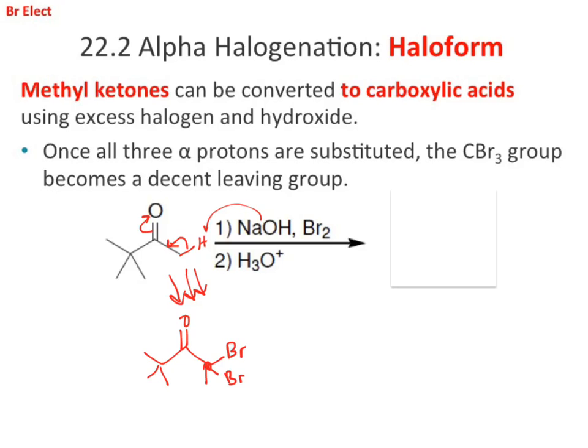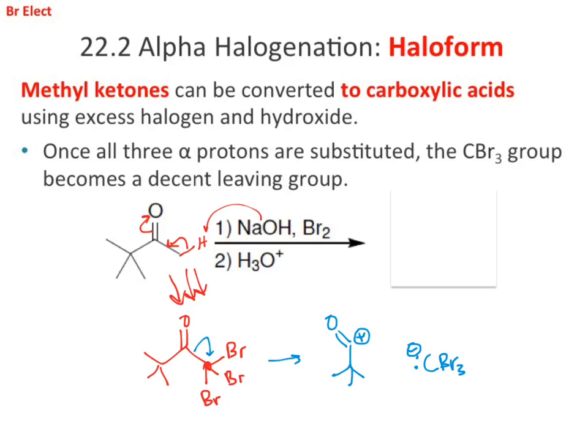3 bromines on there. Those 3 bromines, all being extremely electron withdrawing, can polarize that carbon into a really good leaving group, can take the electrons away from our other carbon, and our result, sorry, that was drawn kind of weird, is this guy with now CBr3 with the negative charge.